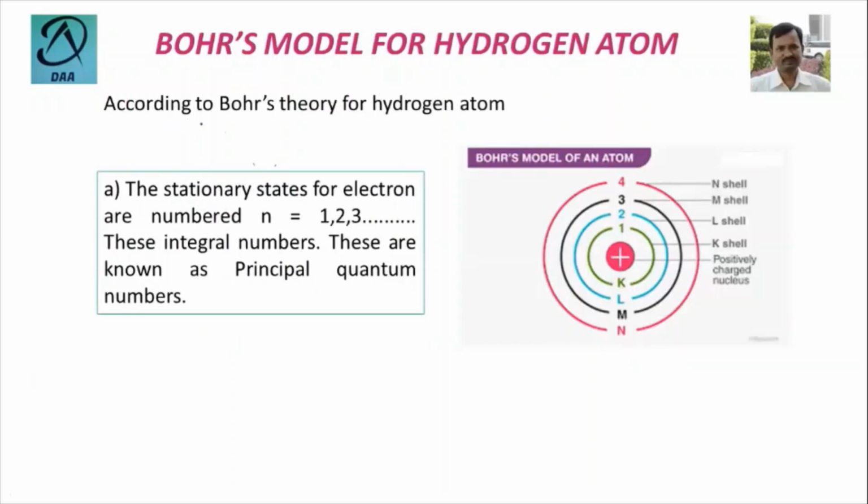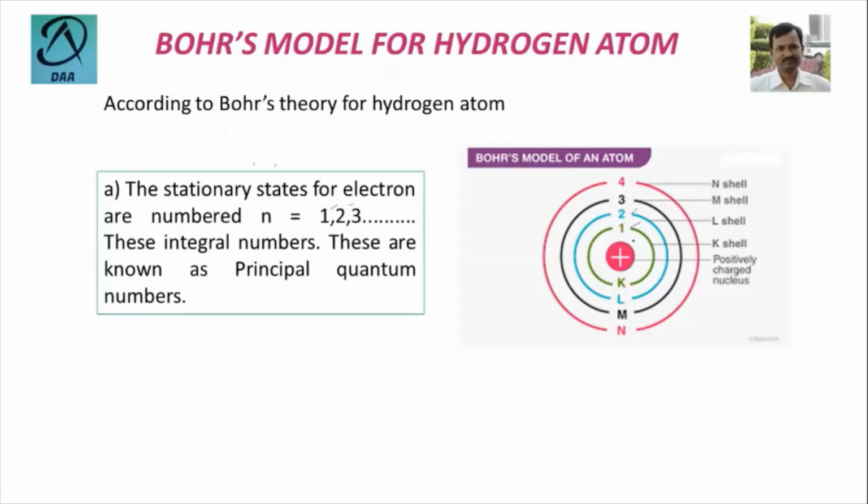So now, according to Bohr's theory for the hydrogen atom, whatever we understood from this postulate, the stationary states for the electron are numbered n equal to 1, 2, 3. Here you can see that every orbit is called 1, 2, 3, 4.